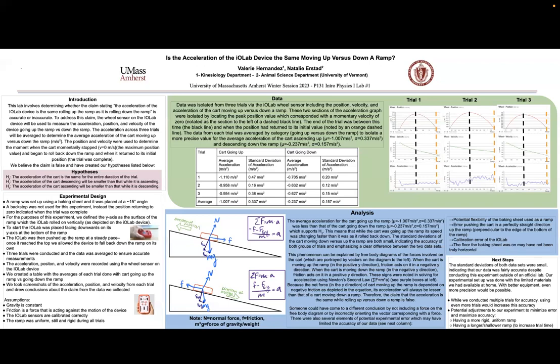And we wanted to get into why this is happening. So we drew some free body diagrams shown here with their abbreviations for the forces down here. We drew all of the forces as vectors here. And then we used Newton's second law, the sum of the forces equals mass times acceleration, to mathematically represent the forces in what we determined was the y direction. You can see that friction when the cart is moving up is acting in the negative y direction shown here.